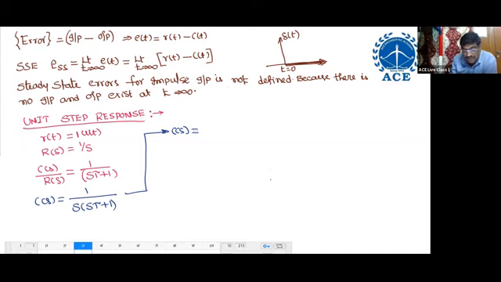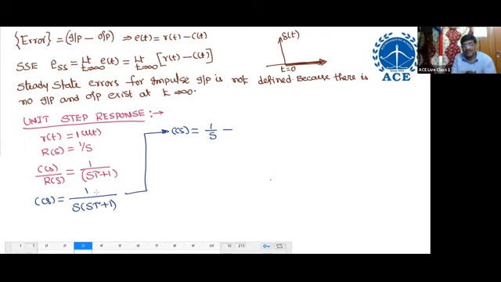If s equal to 0, substitute s tends to 0, the second term becomes 1, so that means 1 by s. Then s tau plus 1 equal to 0 means s equal to minus 1 by tau.